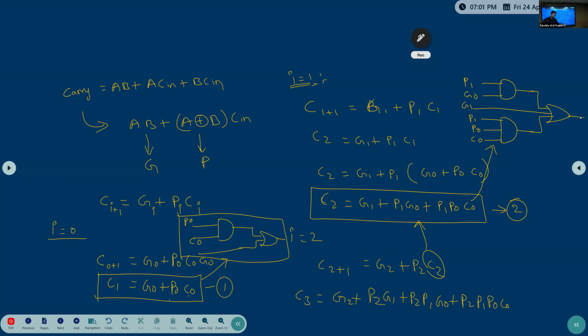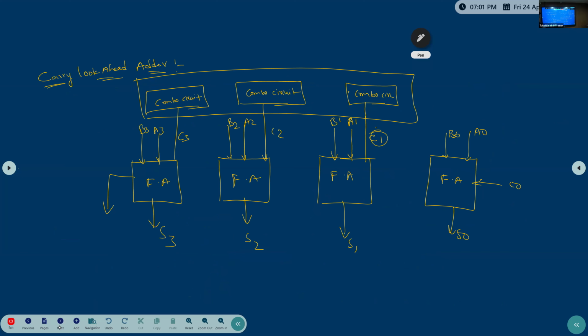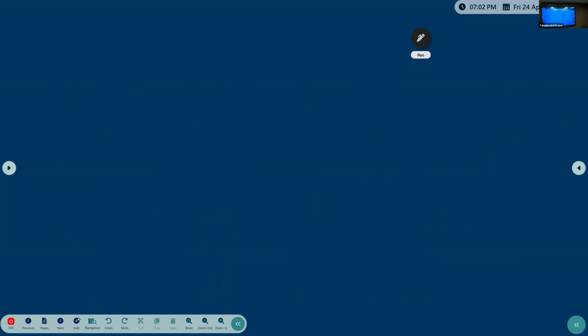So this equation, how to write it, you know, right? So now what happens? Simple. They will take one bigger combo circuit. So they took a bigger combo circuit.